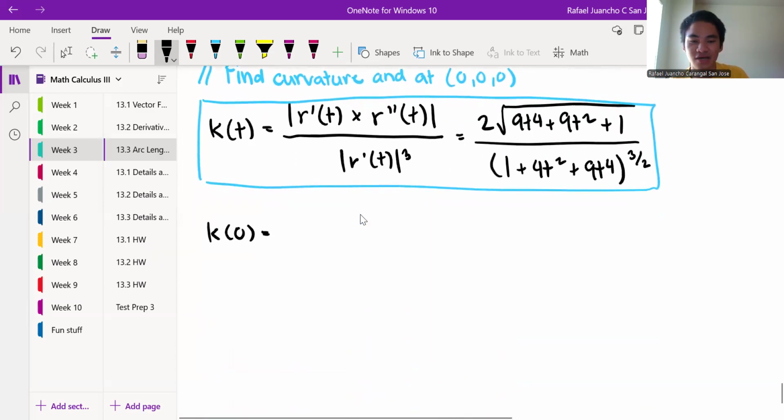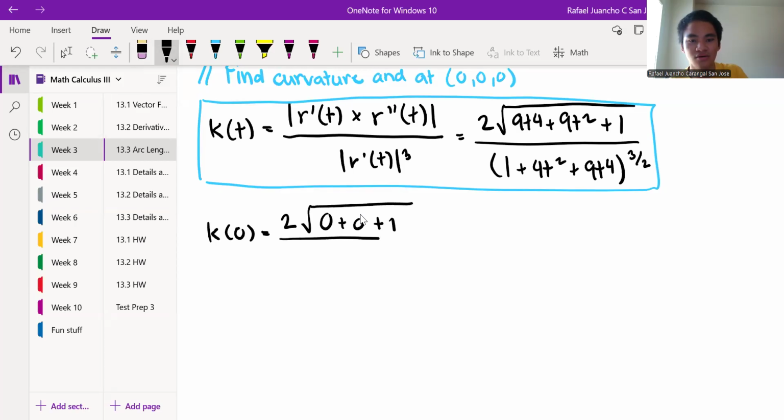So I just say at t equals 0, I'm at the origin. And so at t equals 0, I'm at k of 0. And that k of 0 is, well, we just plug in 0 to everything here. So here we have 0 plus 0 plus 1 all over 1 plus 0 plus 0, which is just 2. So my curvature is 2.